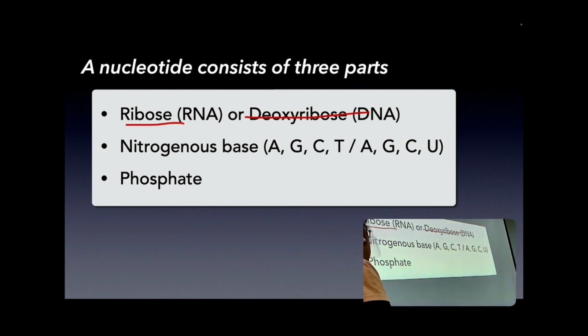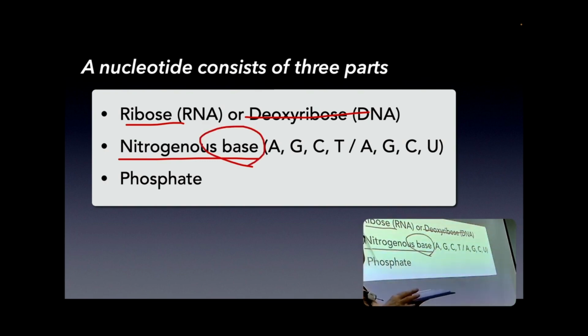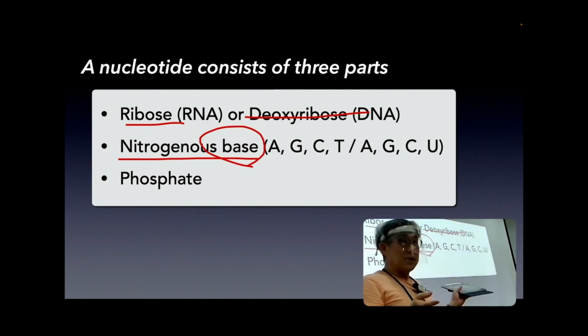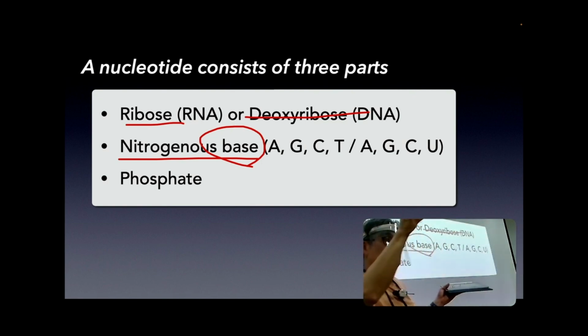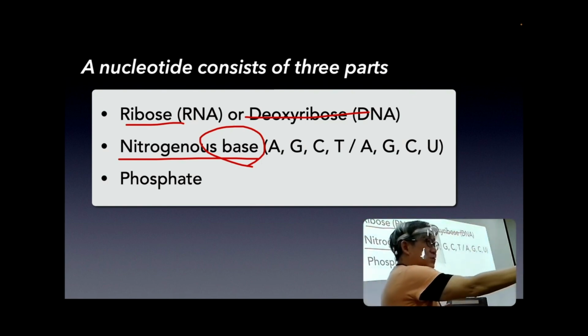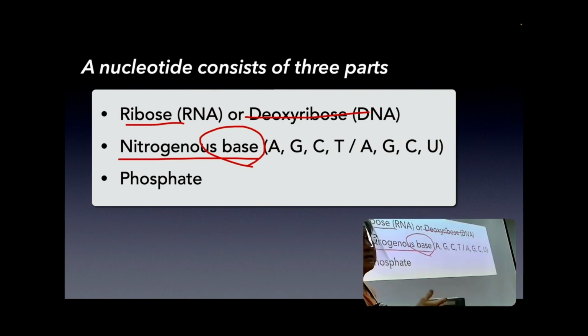Another part we call a nitrogenous base because that part contains many nitrogens. That's why we call it a nitrogenous base. And the reason why we call it a base is that it is the opposite of acid. What's the chemical nature of an acid? Acid is any component that will give out hydrogen.